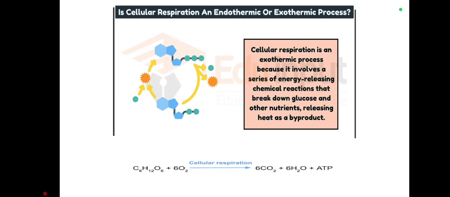So the answer is that cellular respiration is an exothermic process. Why? Because in cellular respiration, energy-releasing chemical reactions take place. The glucose that is produced and other nutrients will be broken down, and it will be producing heat as a byproduct.